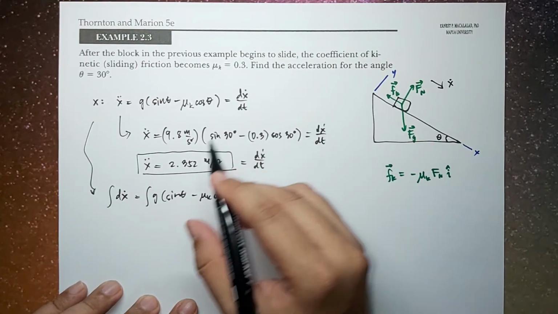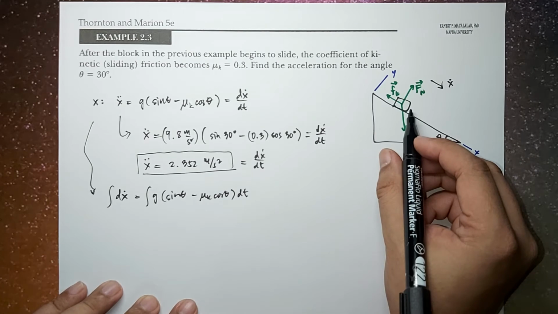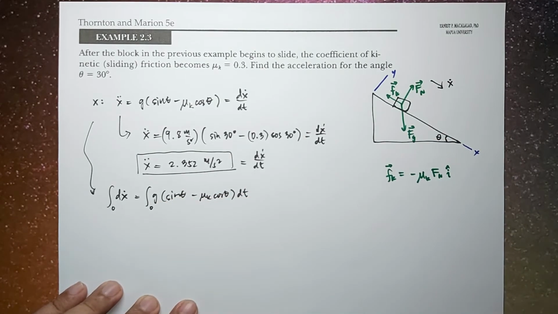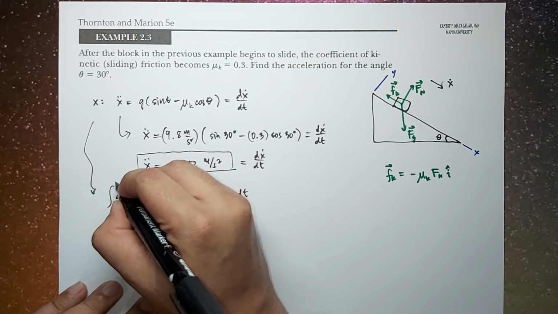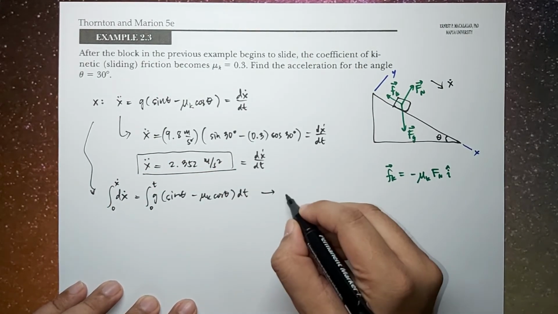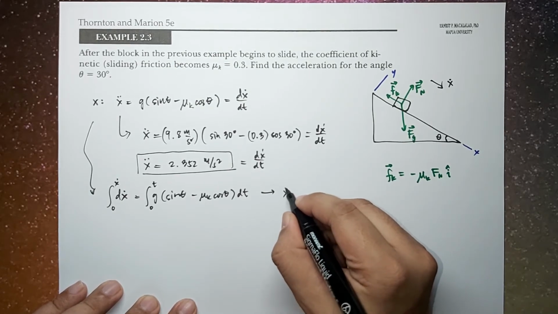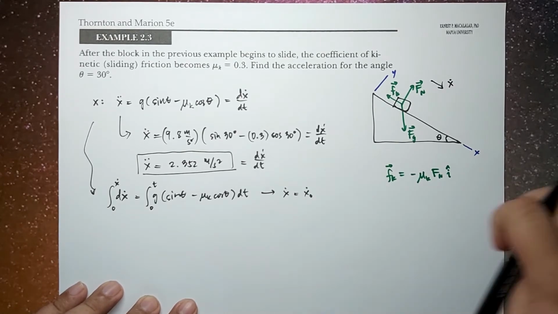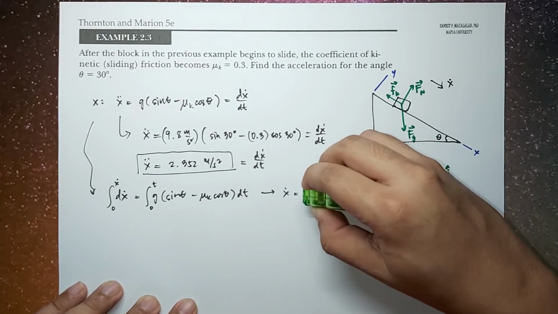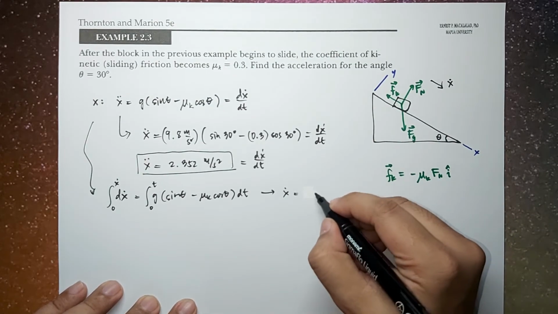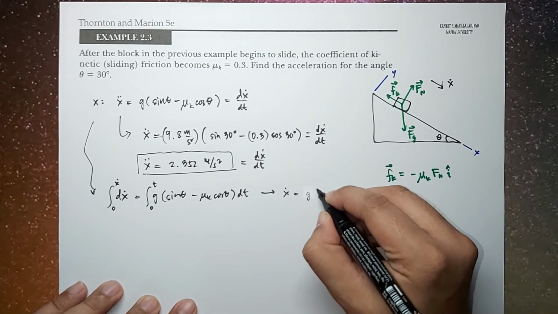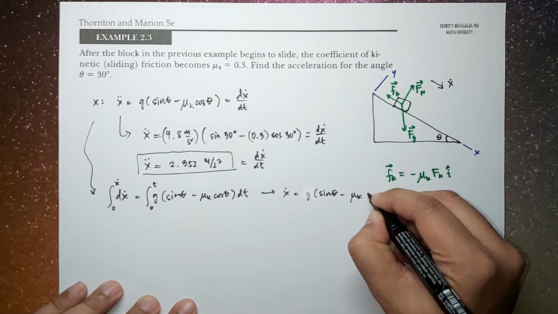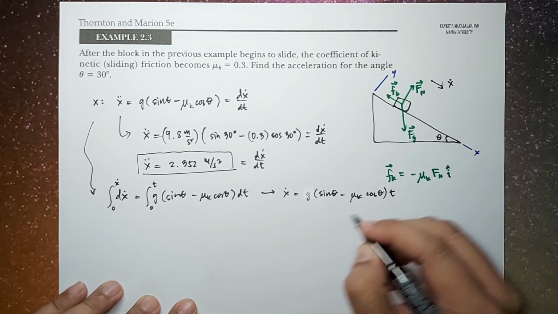Remember the velocity of this object starts from rest at time equal to 0, and then at time t it is x dot. So this will give us x dot equals x dot naught, or 0 if we started from rest, plus g sine theta minus mu k cosine theta times t.